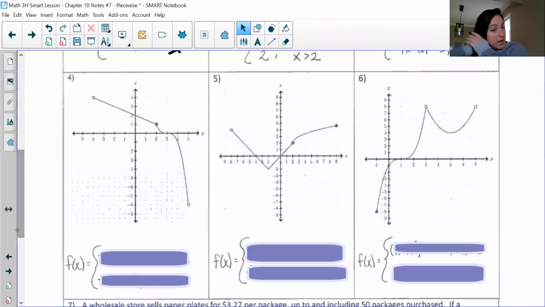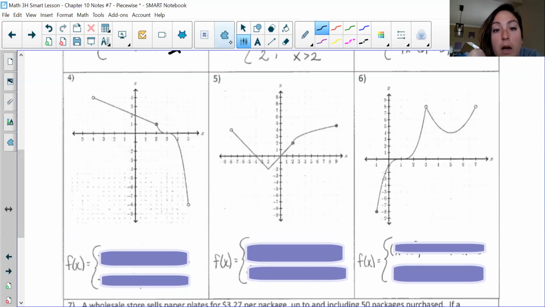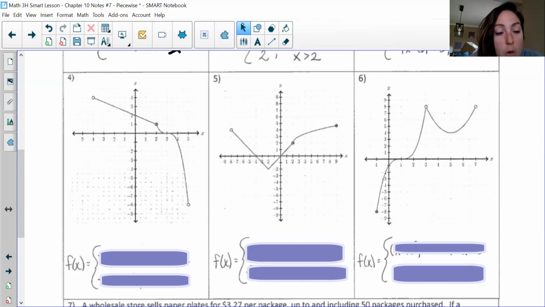All right, our next graph appears to be a linear with a cubic. So our linear function has a slope, it looks like, of down 1, right 2, so negative 1/2 with a y-intercept of 2. So we have the equation y equals negative 1/2 x plus 2 as long as negative 4 is less than x, which is less than or equal to 2.